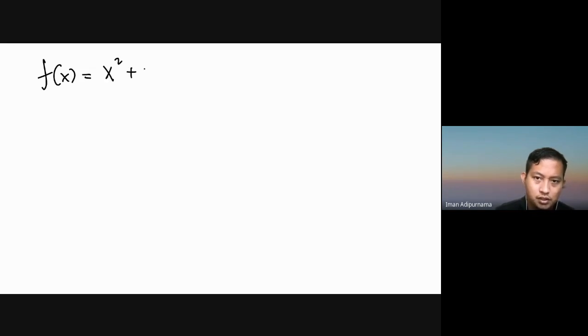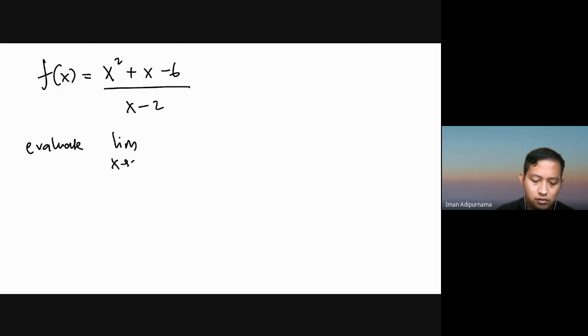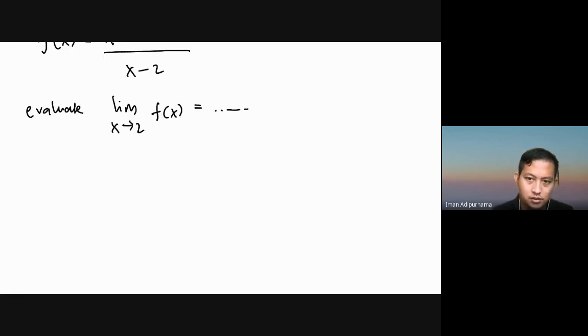Let the function be equal to this, and evaluate. And the second one is this.